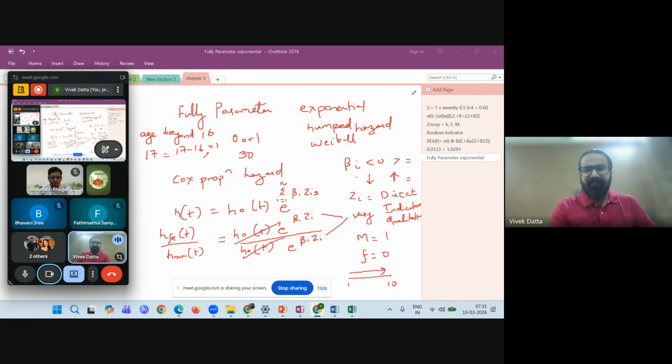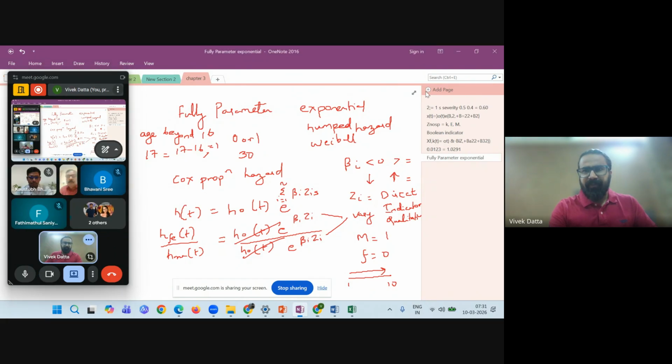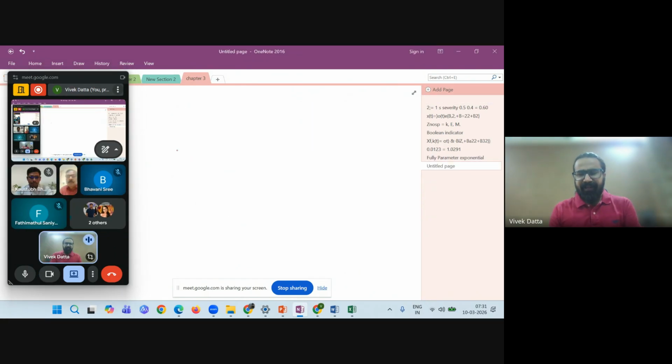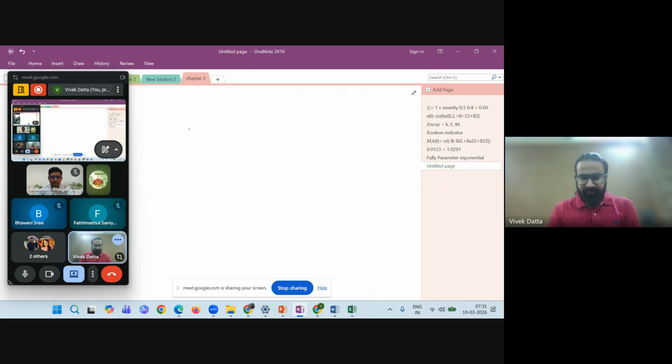Then we said, suppose we had 2-3 things, let's say that air quality in, say, Ooty has no impact on health.